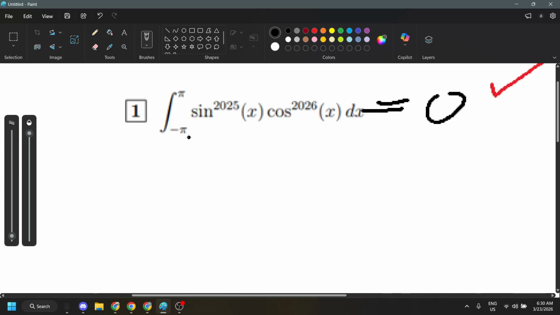First off, anyone who knows what integrals are gets it immediately. We know it's zero because it's from a to negative a of an odd function. That makes it zero. What does that mean?